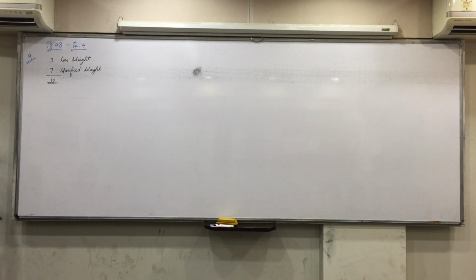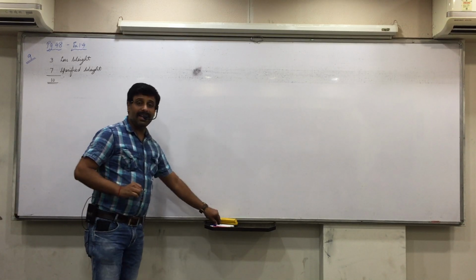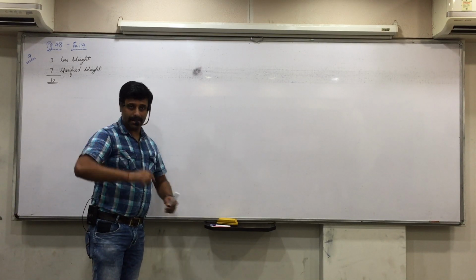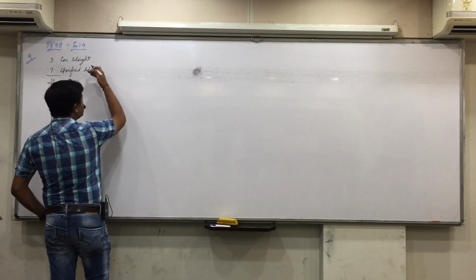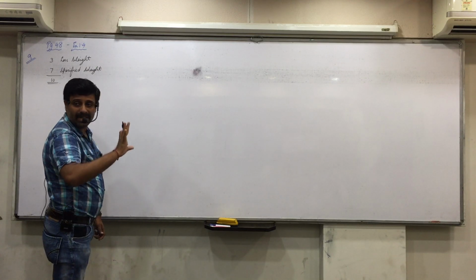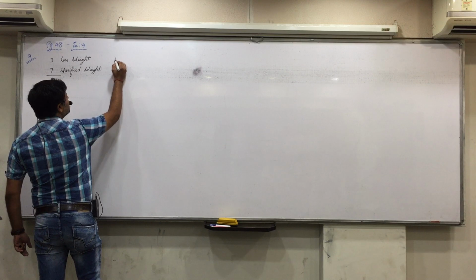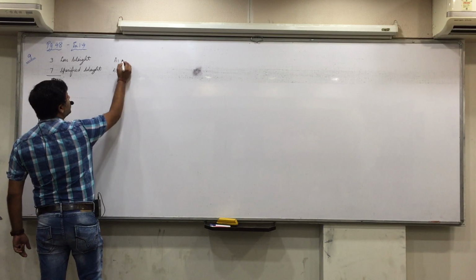Now, 2 cones are selected randomly one by one with replacement. Find the probability that both the cones weigh less. Now, understand this. We will have to define 2 events here. In such questions, whenever with or without replacement comes, define the 2 events as A1 and A2.